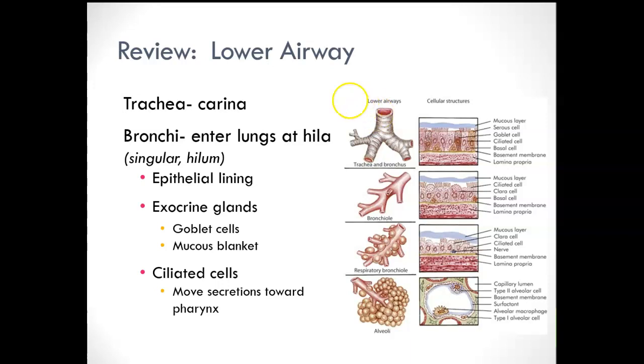That's an exocrine gland. Whereas endocrine glands are inside the body, usually inside an organ, and are going to release a hormone right into the bloodstream. So the exocrine glands that we are focusing on here are the goblet cells, which make mucus and create this mucus blanket that lines our epithelium and all inside our bronchi.